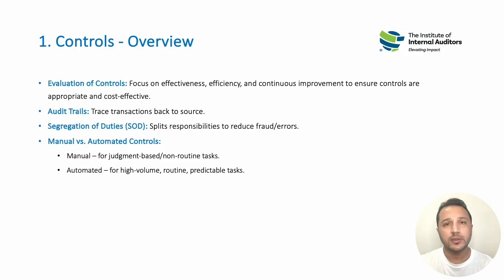So we as internal auditors and the management as well have to keep a record of all those transactions and activities that they are performing, in order for us to trace back those transactions to the source, in order to identify if there was any unauthorized person in the process who has changed anything or distorted any document or information. So it is a very important control that is deployed by the management.